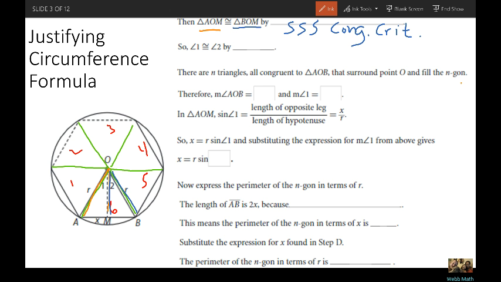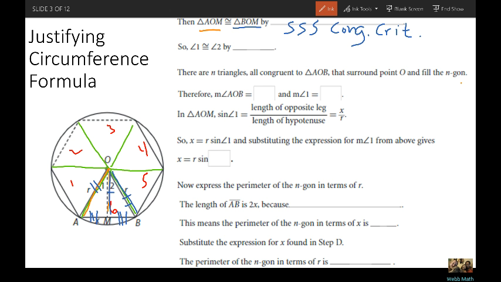That side is the same as that side, R is congruent to R, and MB is congruent to AM because it's an isosceles triangle. So by SSS congruency, those two angles have to be congruent.